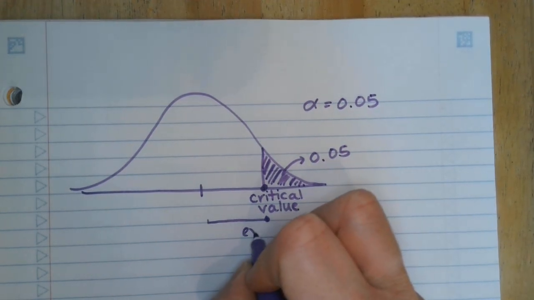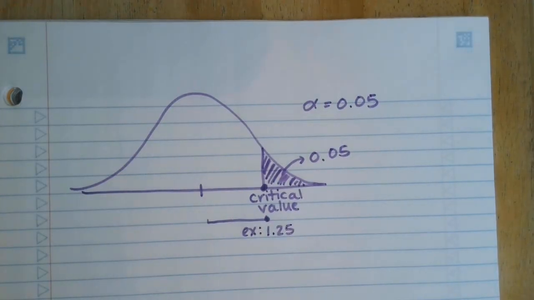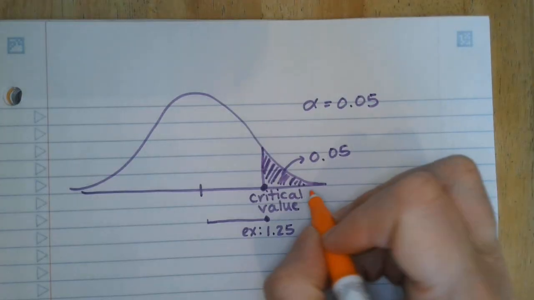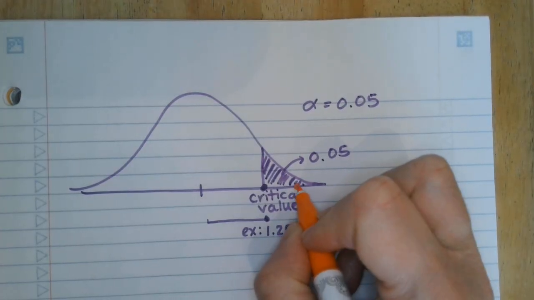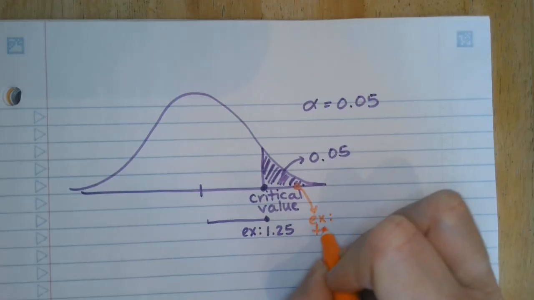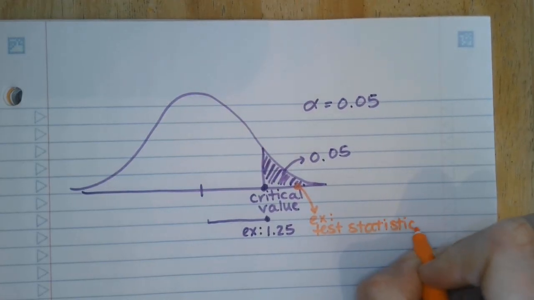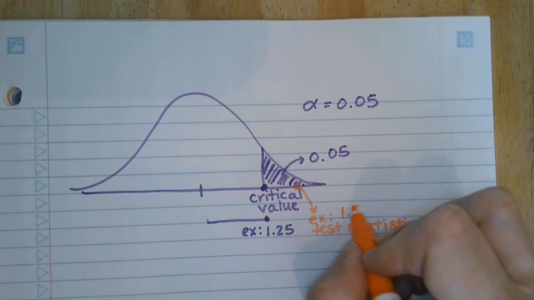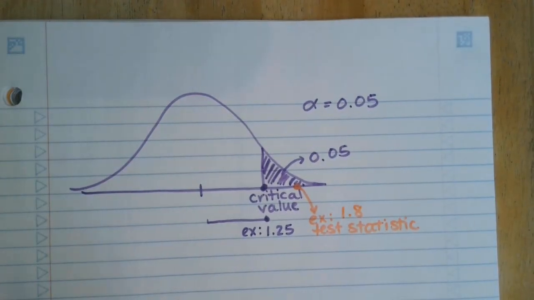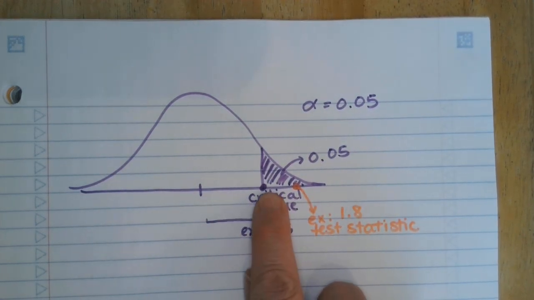So imagine that I find my test statistic. Let's say, for example, my critical value is 1.25, okay? If I find that my test statistic takes me up here, and let's say my z-score or t-score for my data is 1.8, well, then my sample mean is farther away from the mean than that critical value.